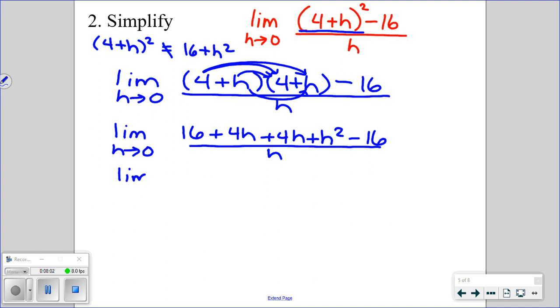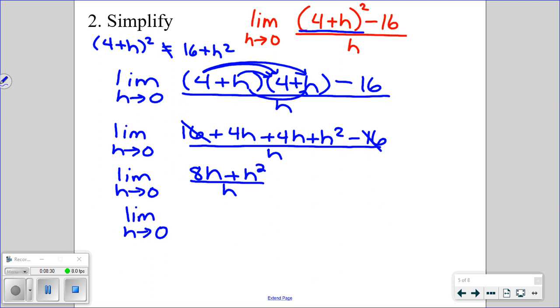Okay, let's go ahead and combine our like terms. So notice, first of all, the 16s cancel out. Positive 16 plus negative 16 equals 0. 4h plus 4h equals 8h, plus h squared, all over h. Now we can still simplify this.